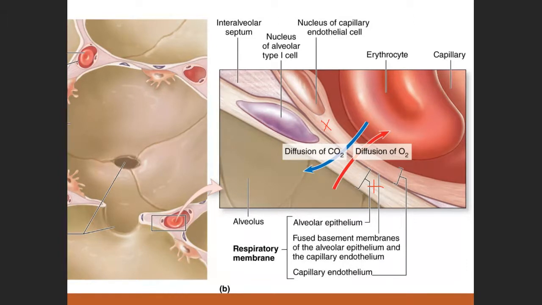So we have the wall of the capillary, the wall of our type 1 alveolar cell, and connecting the two is a very thin basement membrane. By anchoring those together, the distance across the structures that we have to move the gases is always going to be as small as possible. But we will talk a little bit more about that respiratory membrane once we move into gas exchange.